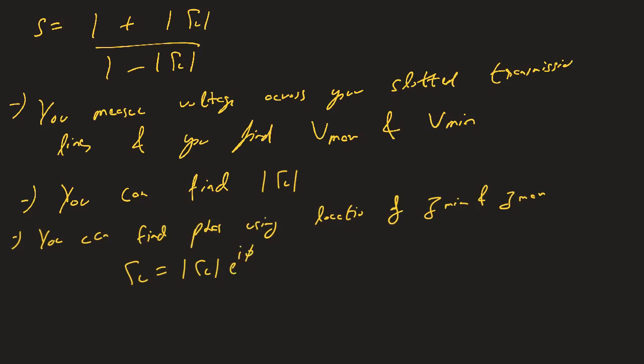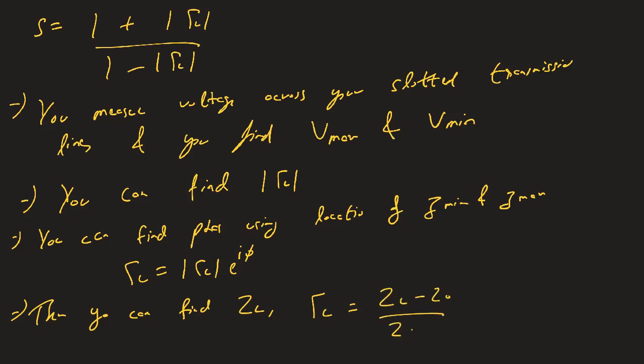So S allows you to find this, and using the location of Zmin and Zmax, you can find e to the i phi. And once you have this, then you can find ZL using the relation that gamma L is equal to ZL minus Z naught over ZL plus Z naught.